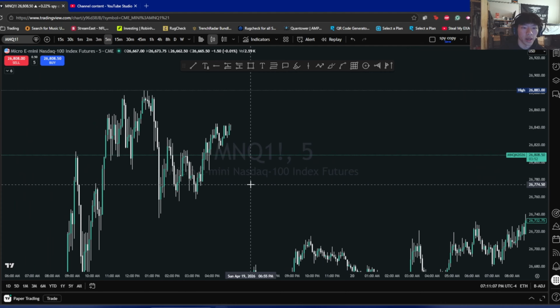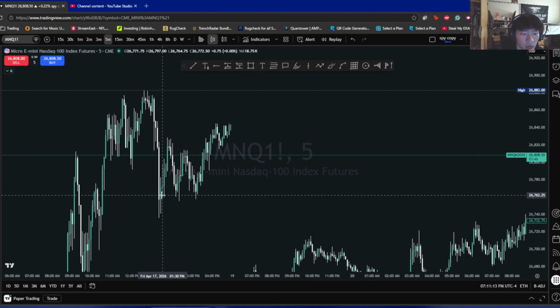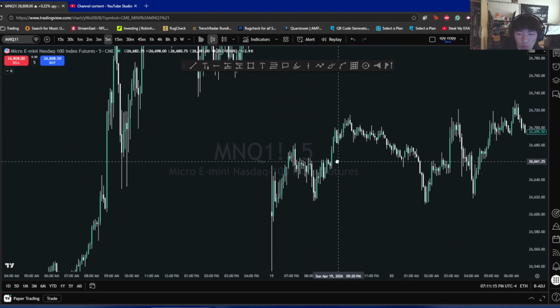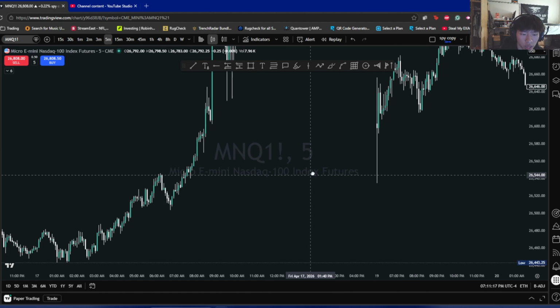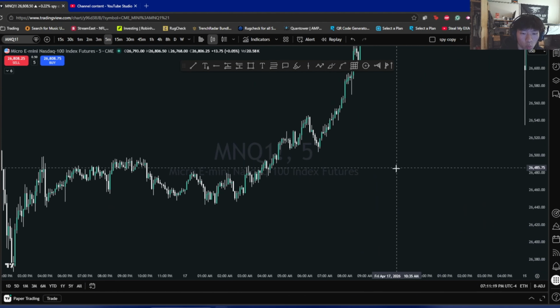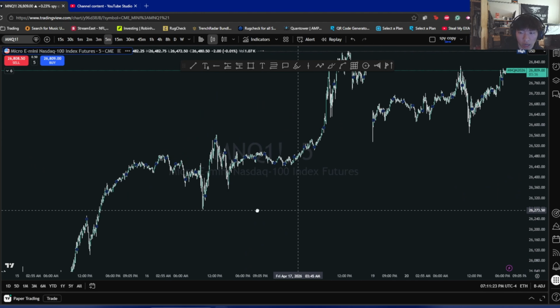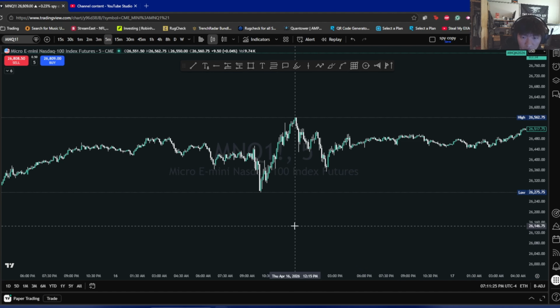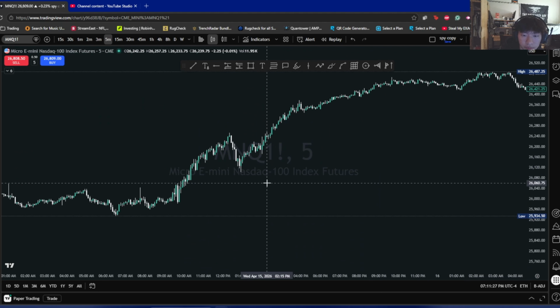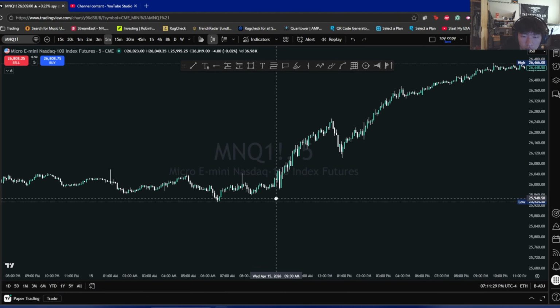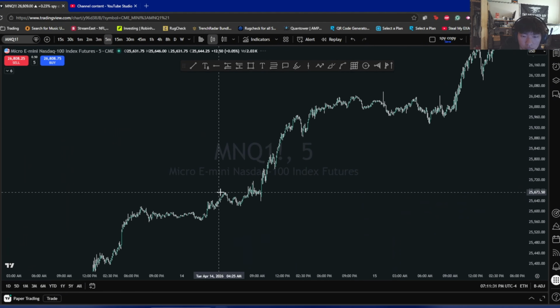Great. Now, what makes an order block higher probability than others? You want to be able to pair an order block with a fair value gap. What does this look like? Well, with this price action, it's going to be hard to find. Let's take a look.